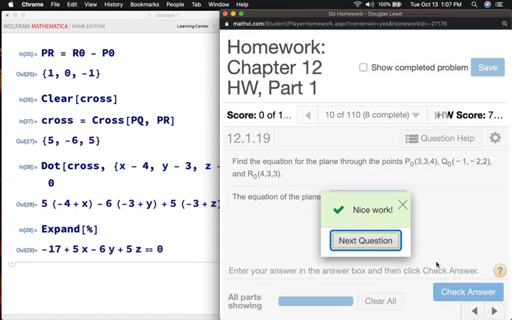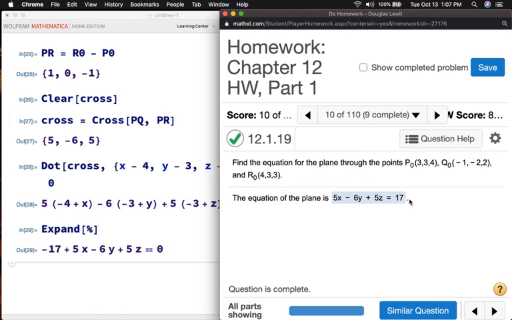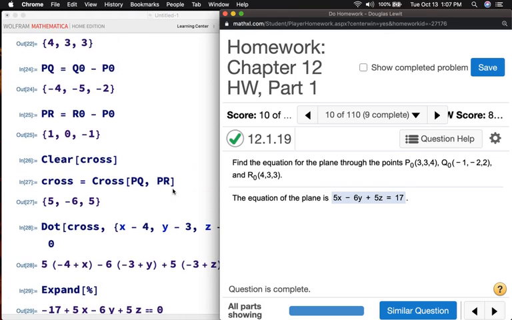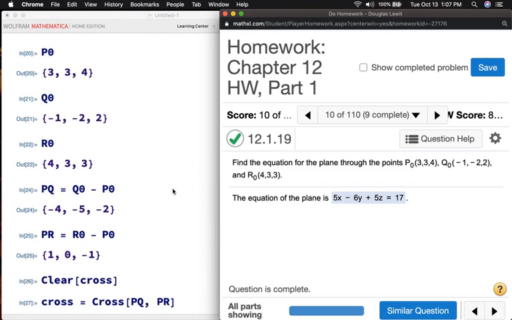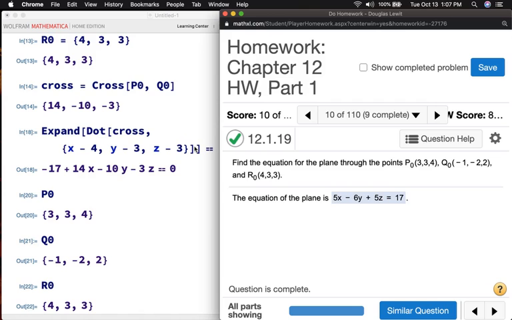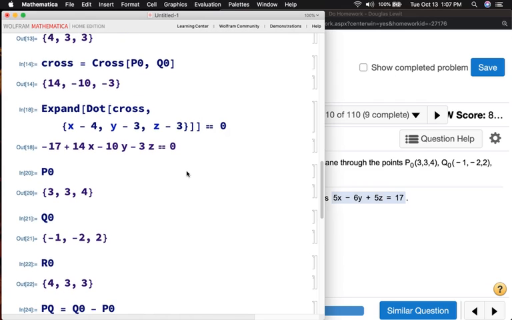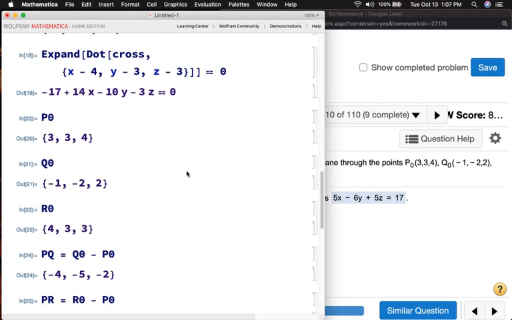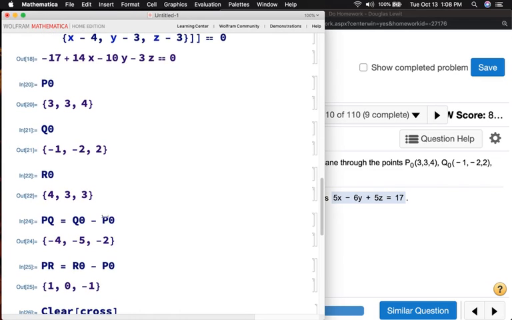Okay, so my mistake originally was treating these points as vectors. That wasn't a good idea. To create the vectors, I had to take the difference between 2 points.